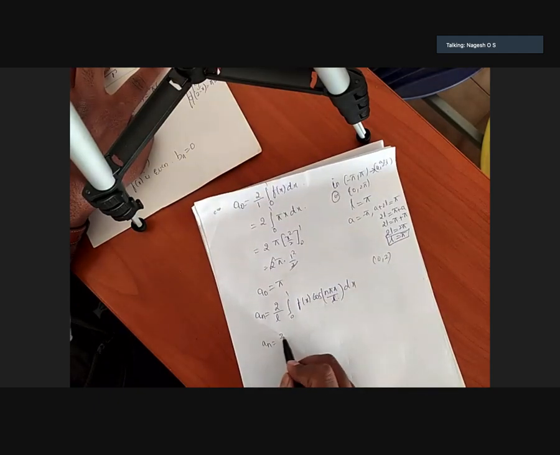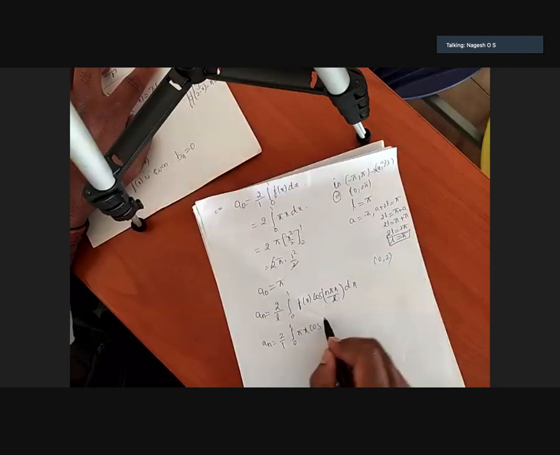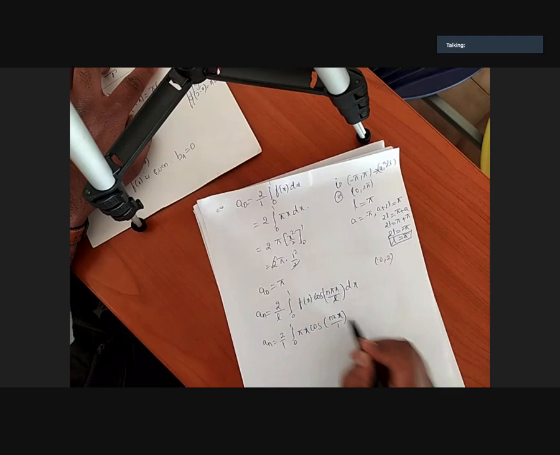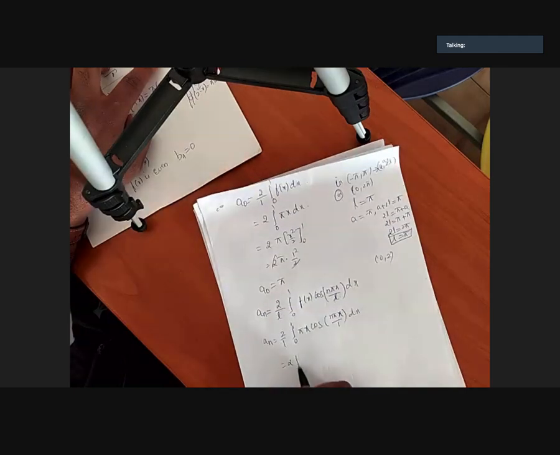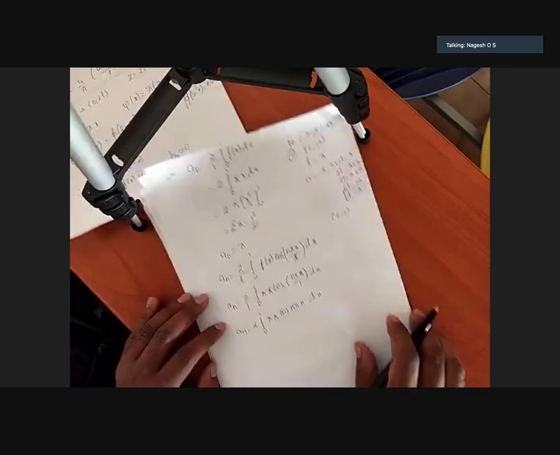So substitute L value as 1. An equal to 2 by 1, 0 to 1, f of x. F of x is pi x, cos n pi x by 1 dx. This is an.